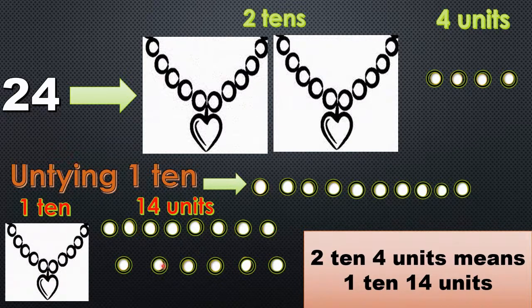So in total here 1, 2, 3, 4, 5, 6, 7, 8, 9, 10, 11, 12, 13, 14 beads. Means here 1 ten and here 14 units. It means 2 tens, 4 units means 1 ten, 14 units.